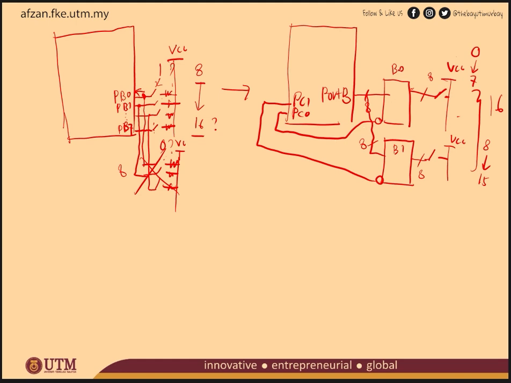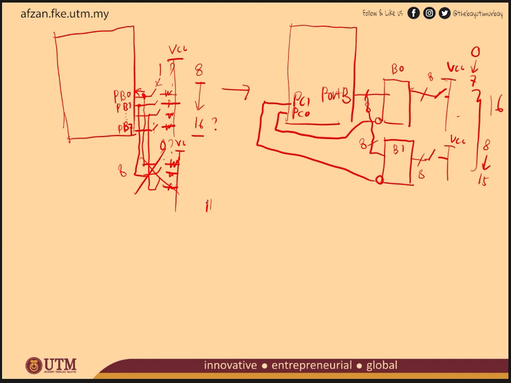Which buffer are you going to use? Is it buffer 0 or buffer 1? According to this one. So how are we going to write the program here? First, port B is connected to our switch, is it correct?